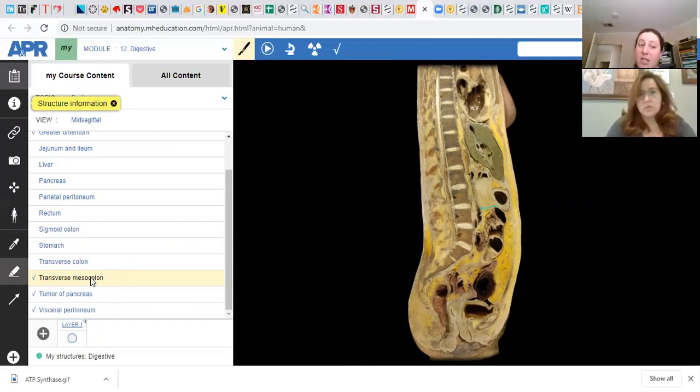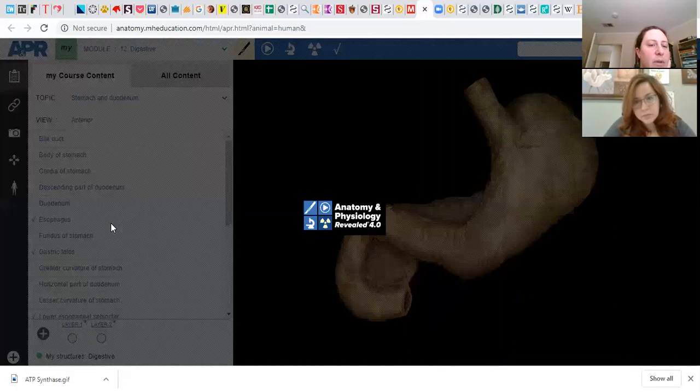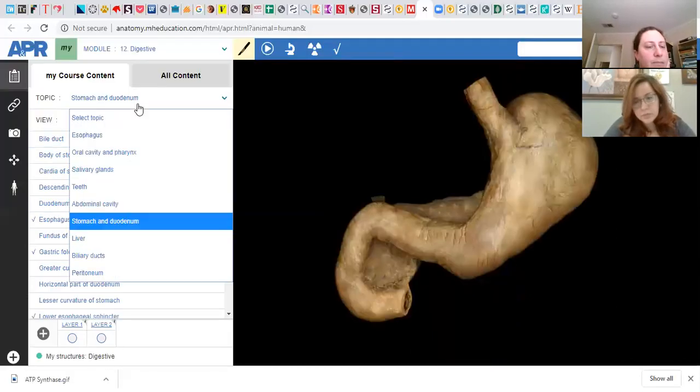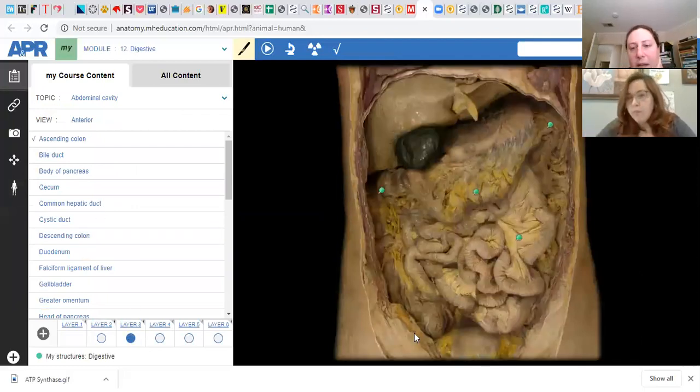So it's just a subsection of the total mesocolon. Does that make sense? So if it says mesocolon, it's part of the mesocolon. This is just the specific part for the transverse colon. And even though they don't necessarily label them on the other ones, when we go back to the abdominal cavity, we can see some of this stuff too, right?